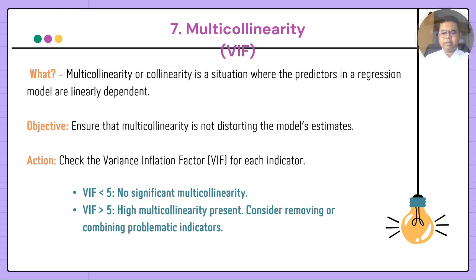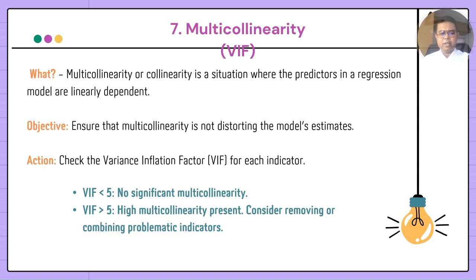To be honest, multicollinearity is when the independent variables correlate with each other, so the model will be biased. In that case, we need to control multicollinearity, using the VIF, the variance inflation factor.